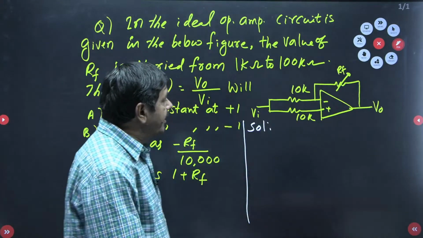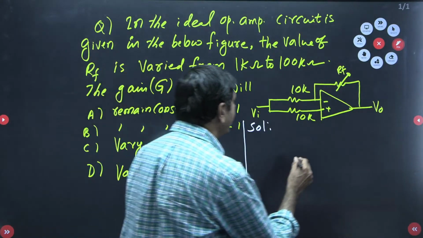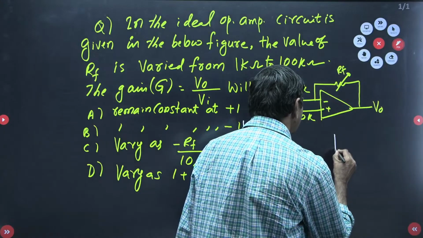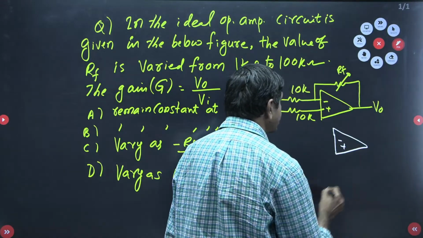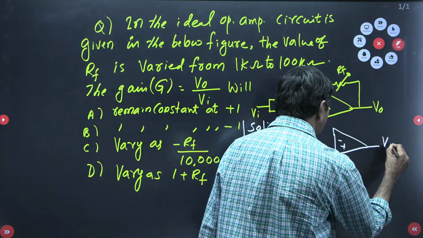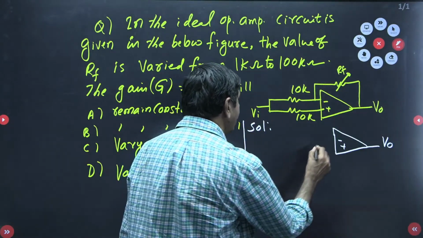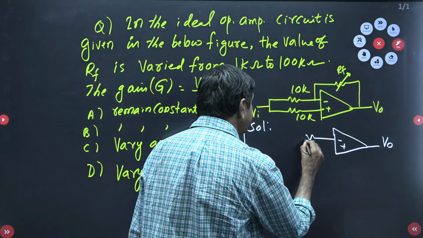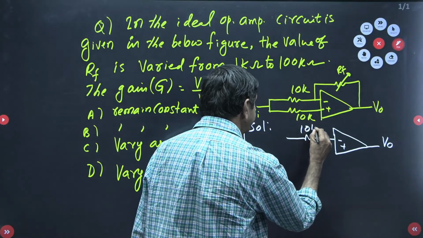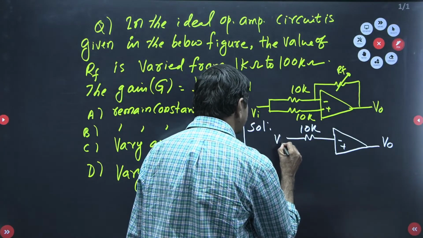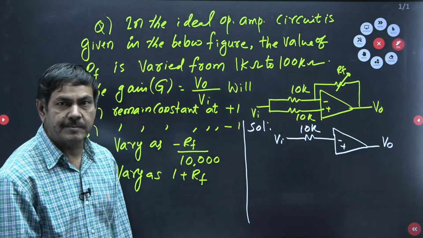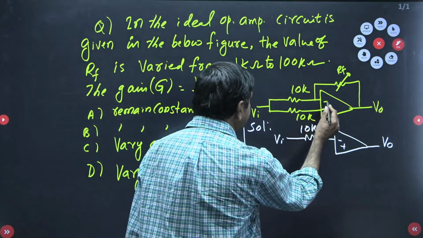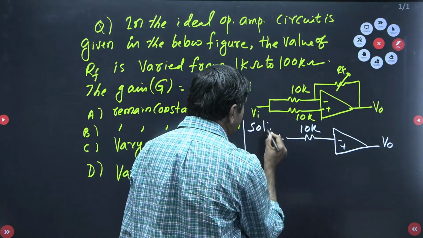This network we can redraw, but I can draw like this now. This network I can draw in this way, minus and plus. There is a V0 here, and here connected with a 10K resistor, and also VI is common for the negative terminal and also for the positive terminal. Now this VI I would like to separate.